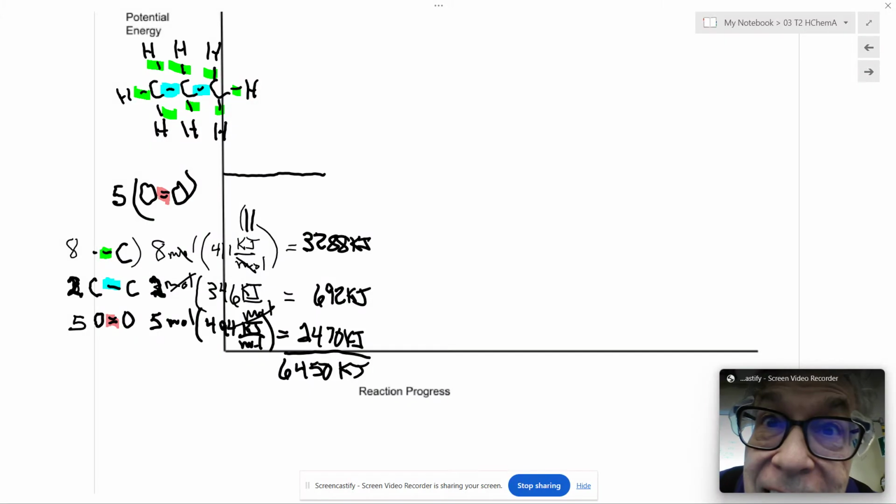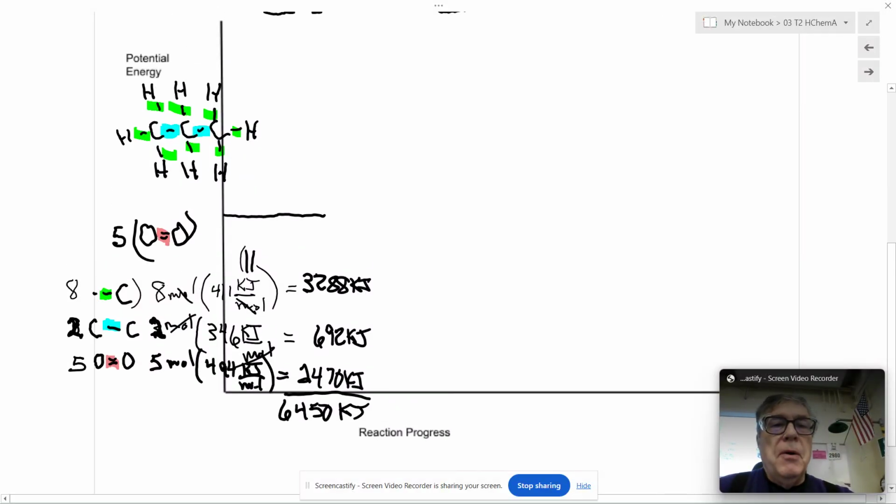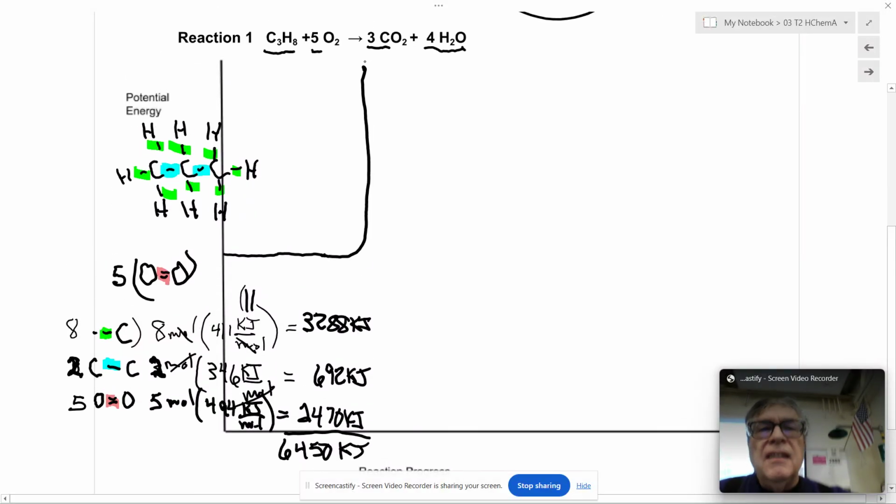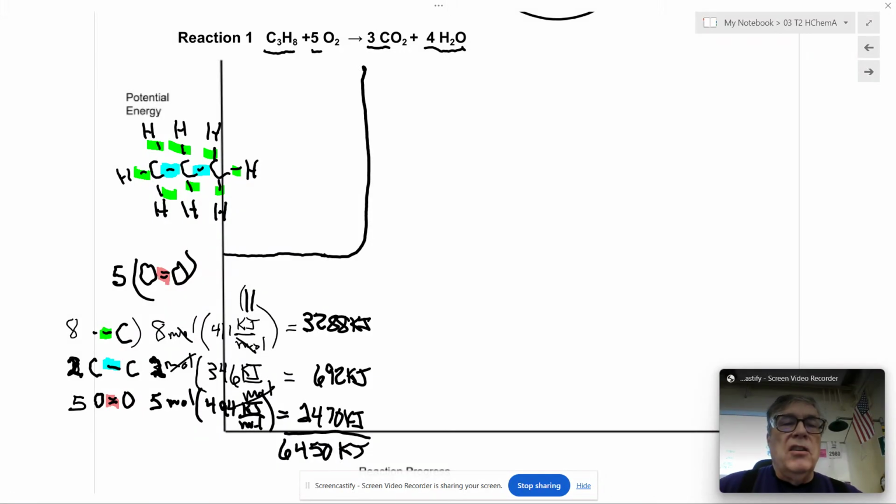That's amazing. Okay, so we're supposed to label that as the activation energy. That is how much energy it took to break apart all of these bonds that we have covered.